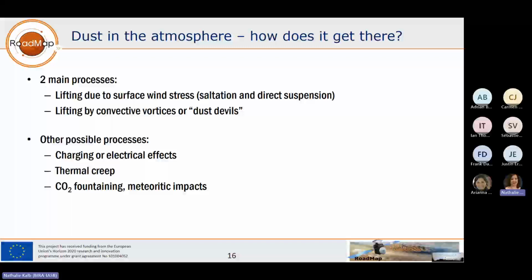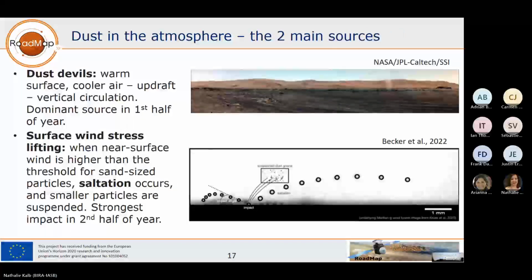There are probably other processes, but the error bars are so big on what we use that I'm not sure we're at the stage right now to include them, but it's still something that we need to think about, I think. But that's how it gets off the surface into the atmosphere.